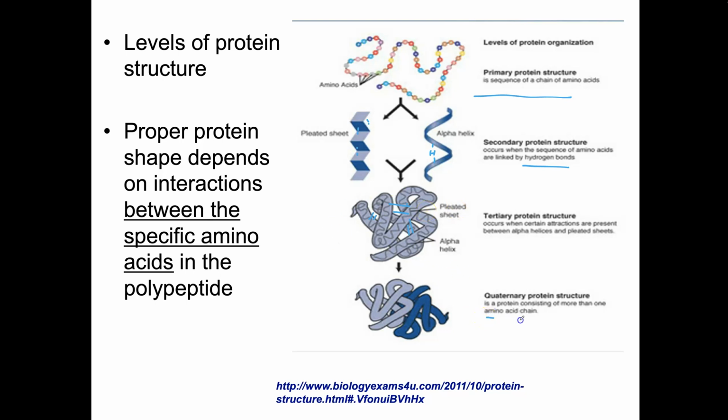And then if a protein requires more than one amino acid chain, so think about hemoglobin, where 4 molecules come together to form the hemoglobin inside a red blood cell, that's called quaternary structure. Okay, so primary 1, 2, tertiary 3, quaternary 4.